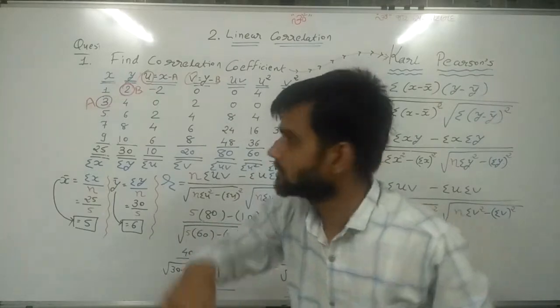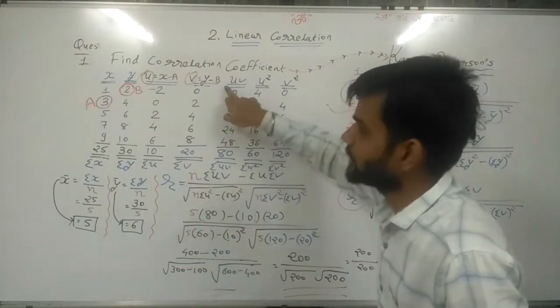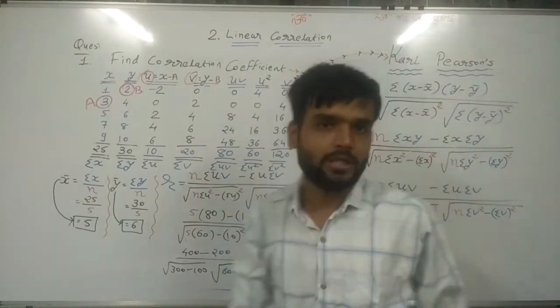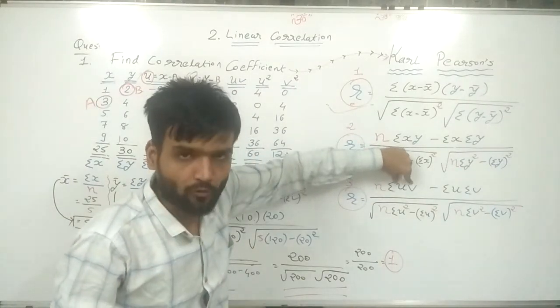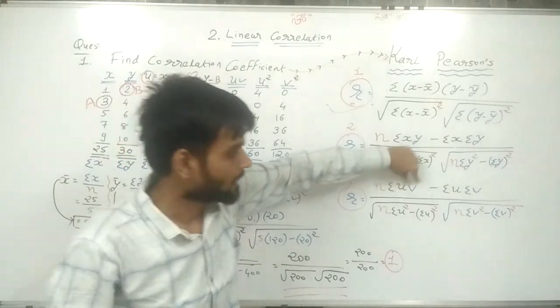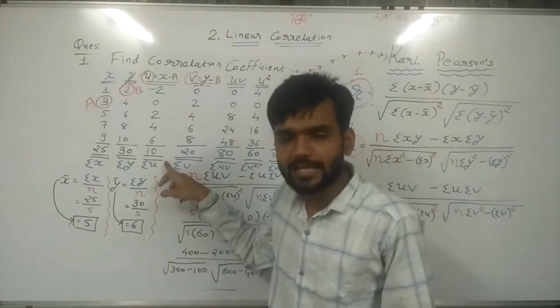In this sum, uv is found and now we can find uv, u square, v square, because in this formula we need sigma uv. So first we have to find uv, then after the total of that. By making the total of u, we get sigma u.